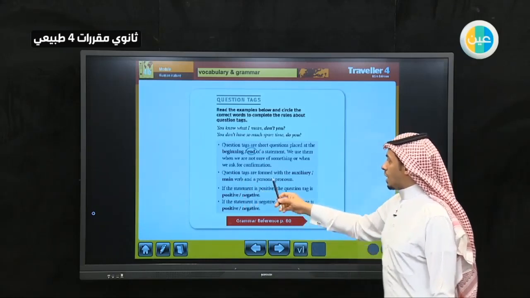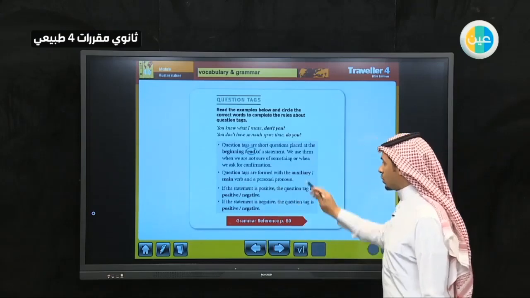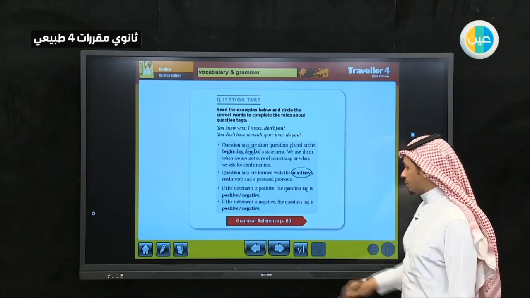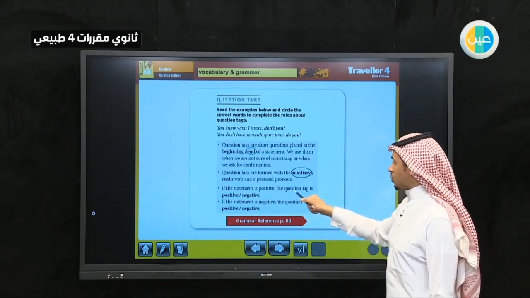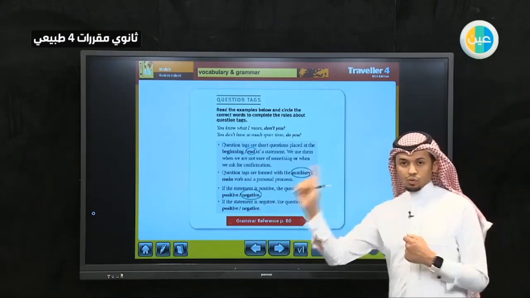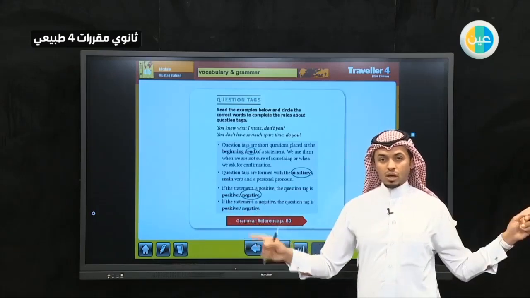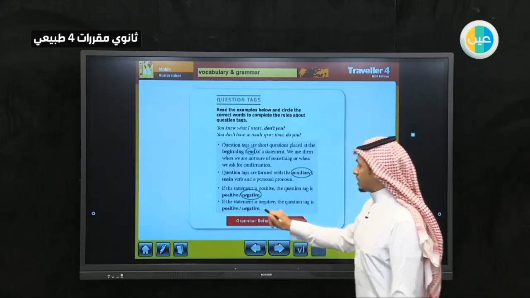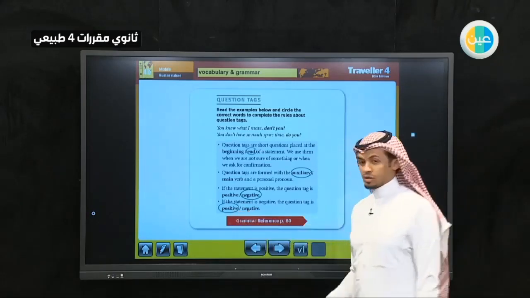Question tags are formed with the auxiliary or main verbs. If the statement is positive, the question tag should be negative. If the statement is negative, the question tag should be affirmative, and vice versa.